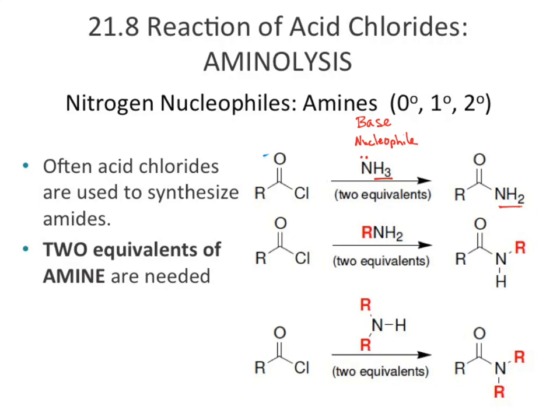One amine attacks, one of our acyl chlorides is done, but now I have that acidic hydrogen. I need something basic to pick it up. What's basic? The other equivalent of NH3. So if I put in 2 equivalents, one acts as a base, one acts as a nucleophile. If I only put in 1 equivalent, I get half of my possible product because one of the other ones had to do some different chemistry.